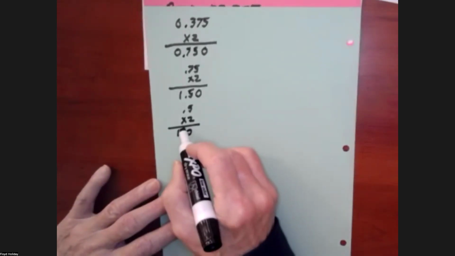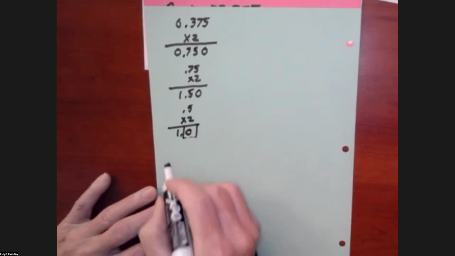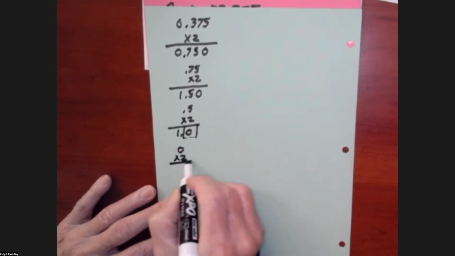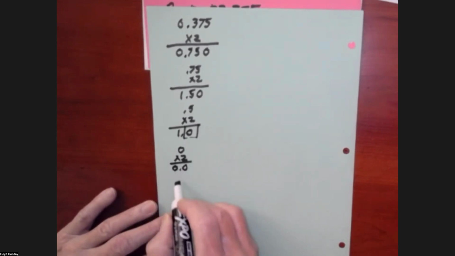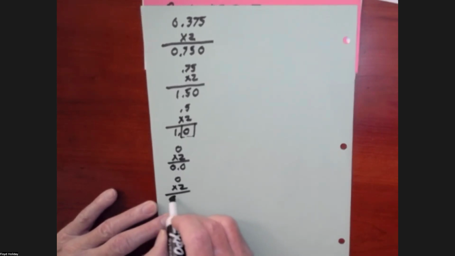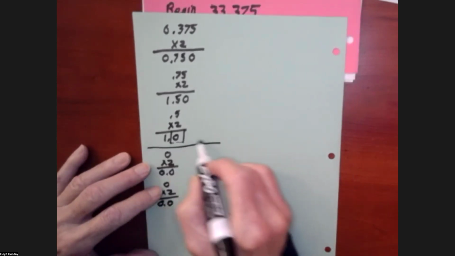And when you reach the point where this is 0, you're done. Any further multiplications by 2 just gives you more zeros. See, so there's no point in it. Okay, so we can stop here.